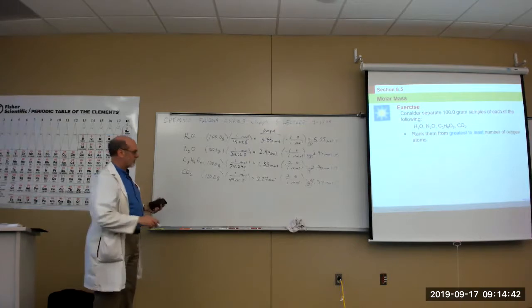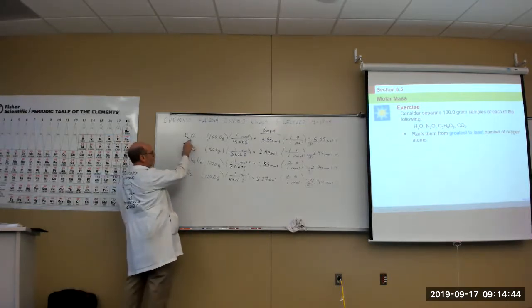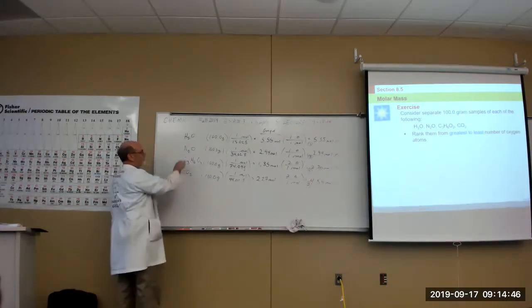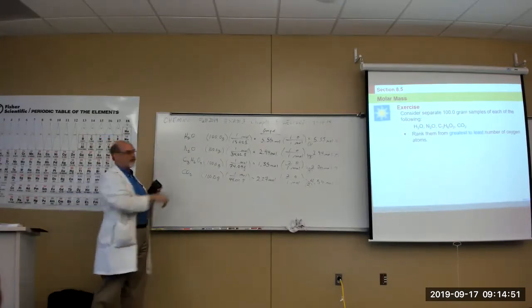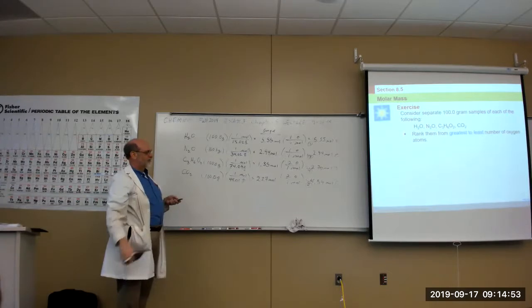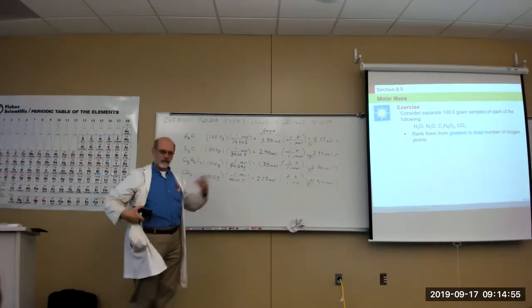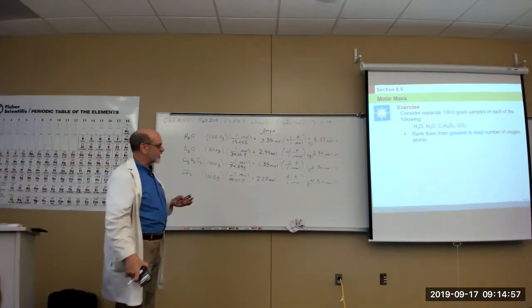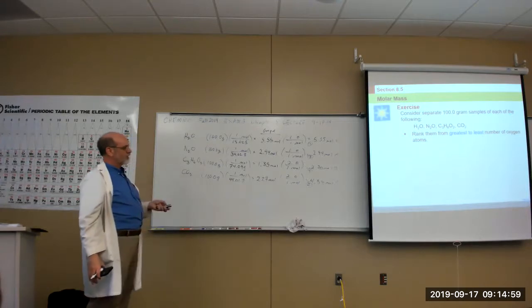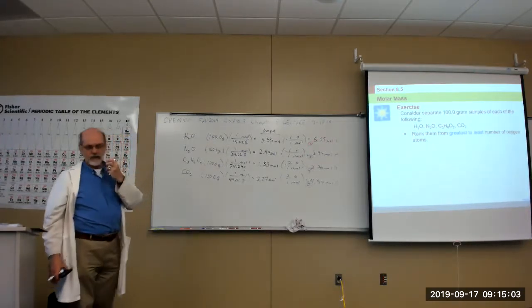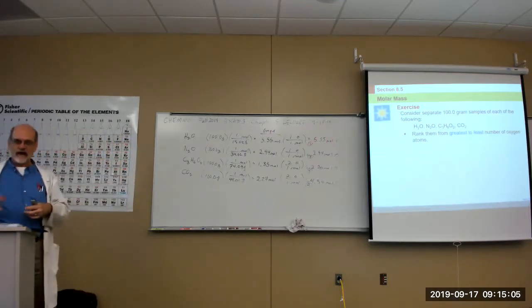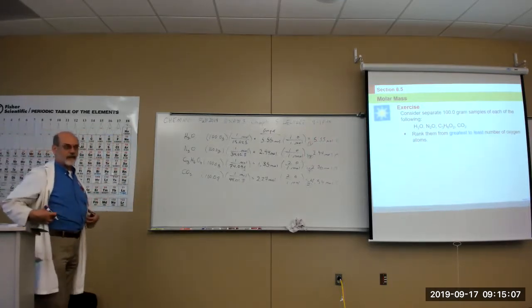Look at what percentage oxygen is of this one. It's got 2 hydrogens in there that weigh practically nothing. So it's mostly oxygen. So that makes sense. You know, we're checking ourselves. It makes sense that water has the most of any of these, because on a percentage basis, oxygen is mostly that molecule.